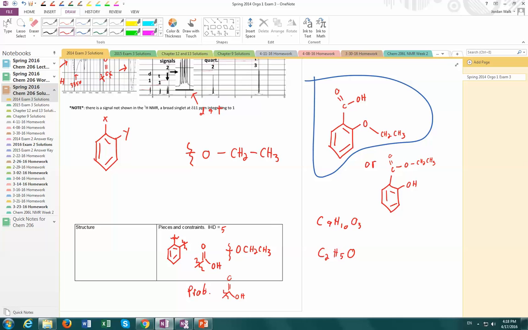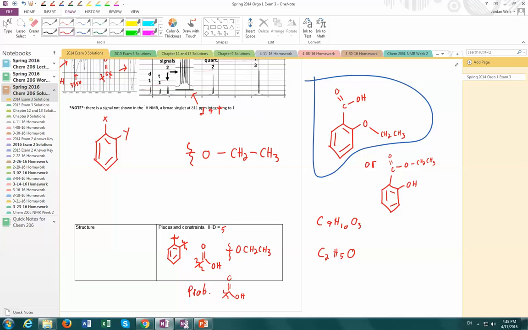So in the pieces and constraints box, do we have to tell you how we got those things? Like, for the carboxylic acid, do we have to say singlet at 11 ppm? No, I can't ask you to put the entire thought process in there, because that would take forever to grade. I'm looking for just pieces that correspond to this.